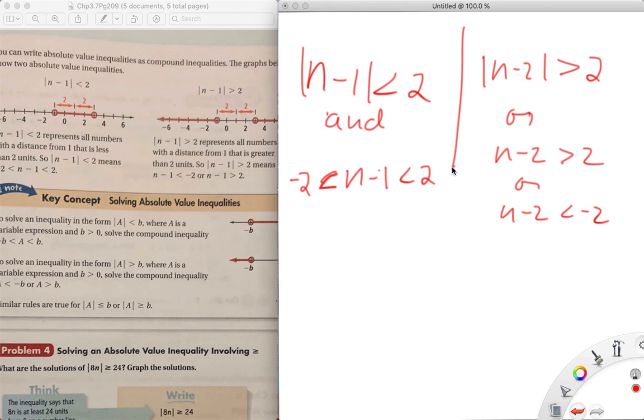Graphing these, this would be distance from 1. So if I was to graph this, there's 1, then I would go 2 to the right, so 1, 2.